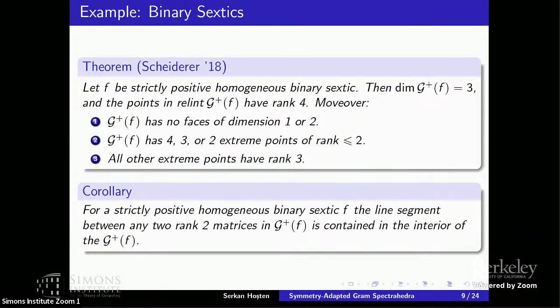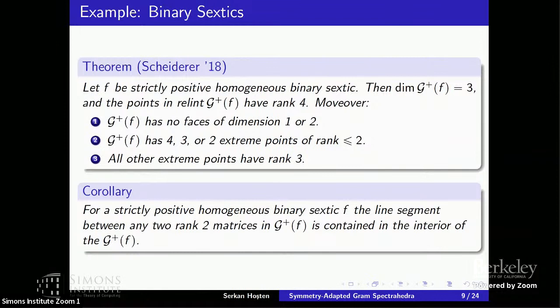Sum of squares implies non-negativity, but the reverse is not true. Hilbert's classification says that in the case of binary homogeneous polynomials, they are equivalent. So instead of saying SOS, I can say positive or non-negative there.